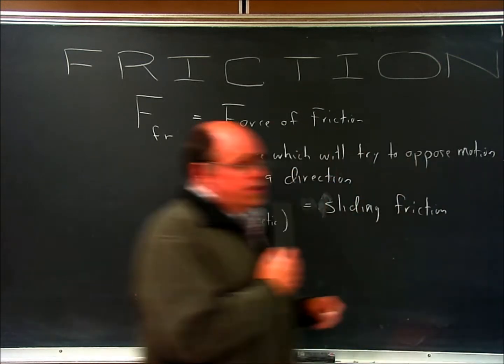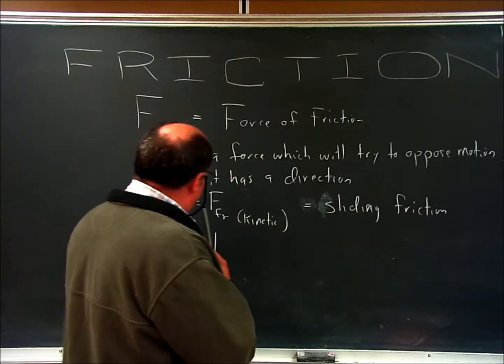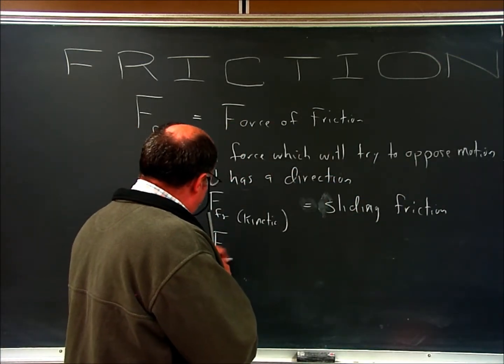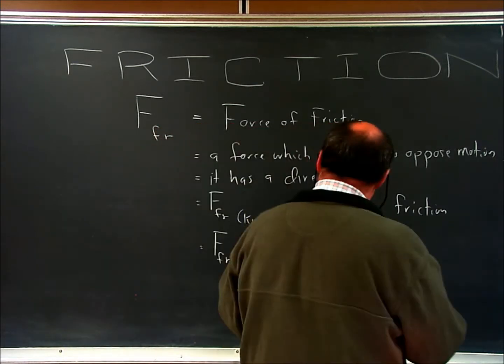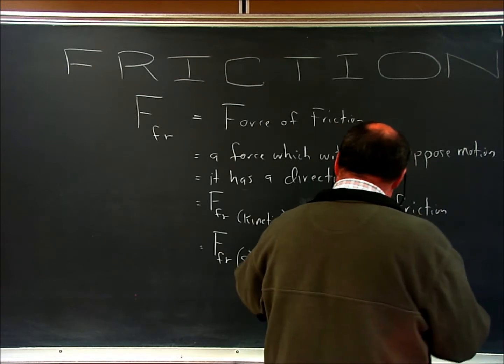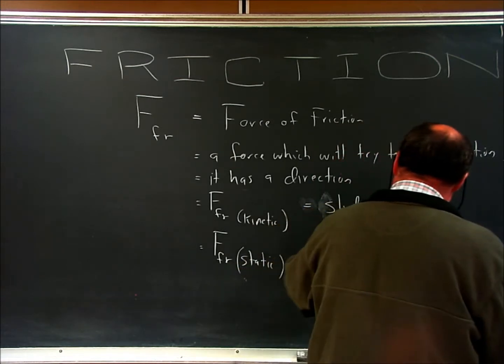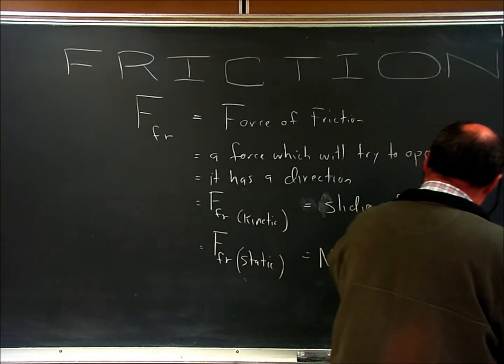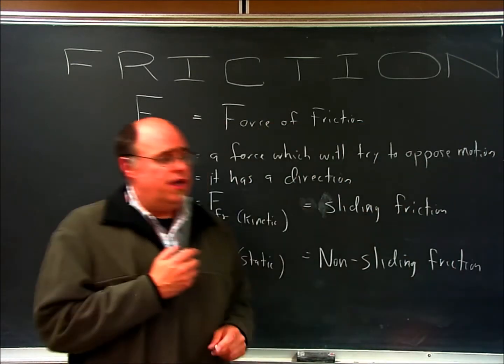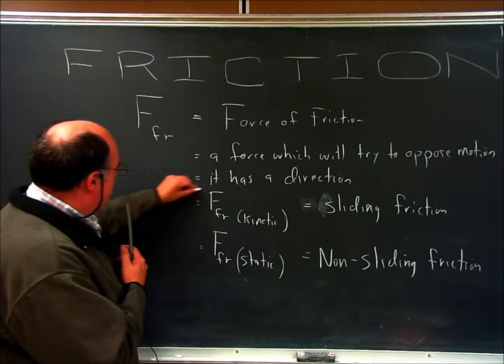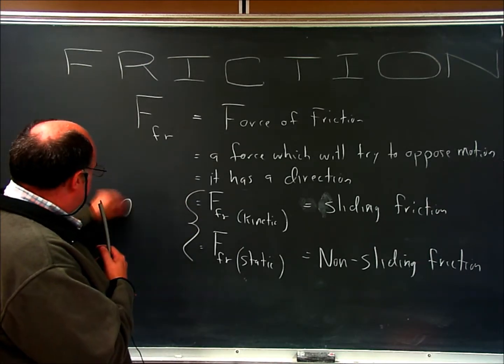And the other type of friction is called the force of friction static, and what that deals with is non-sliding friction. So what I'm saying here is there are two types of friction.